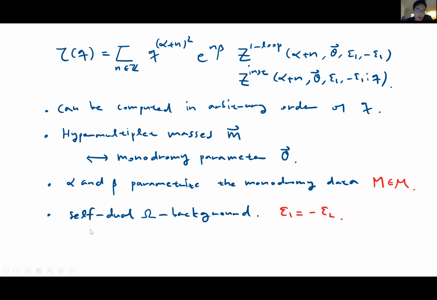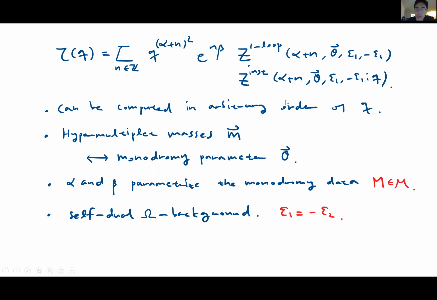Okay, and then perhaps what's most important is that you have to note that this partition function of the gauge theory was evaluated in the self-dual omega background. The omega background is a certain supergravity background that allows you to compute the gauge theory partition function, because the gauge theory is defined on the non-compact C2.